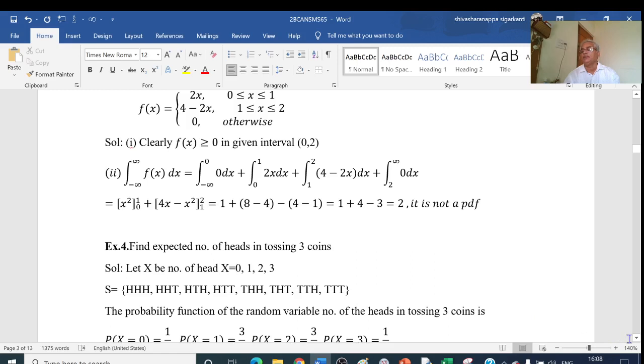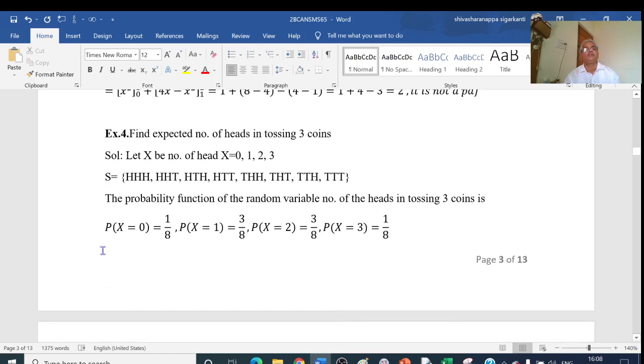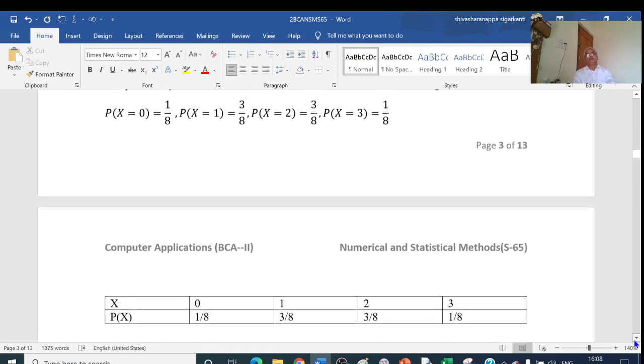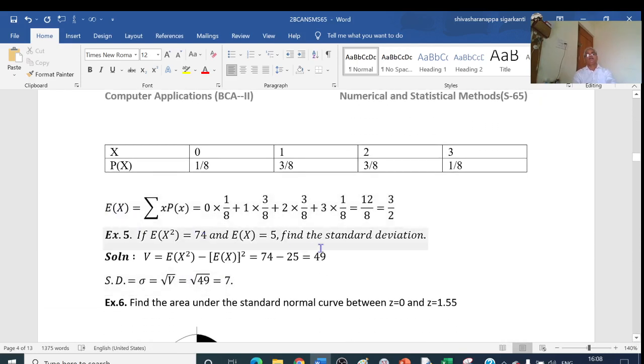And the next question is find the expected number of heads in tossing 3 coins. First you have to write the sample space, and then you have to write x equal to 0, x equal to 1, x equal to 2, x equal to 3. So that means we have to find out E of x.